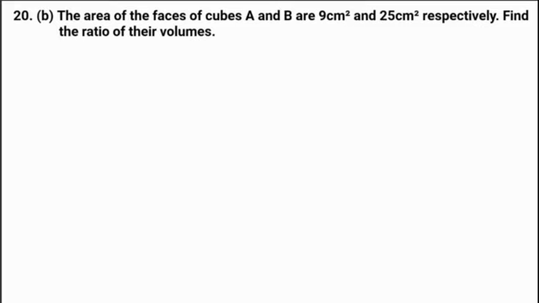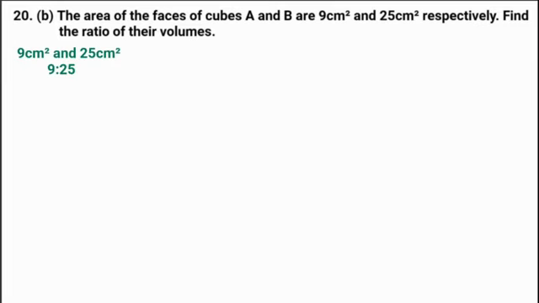For us to do that, first we need to write the ratio of their areas. We are told their areas are 9 cm squared and 25 cm squared, and we write them as a ratio. Now we reduce them to their lowest terms.